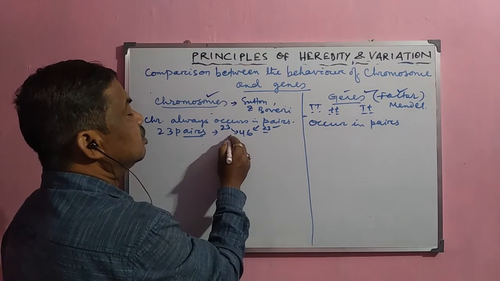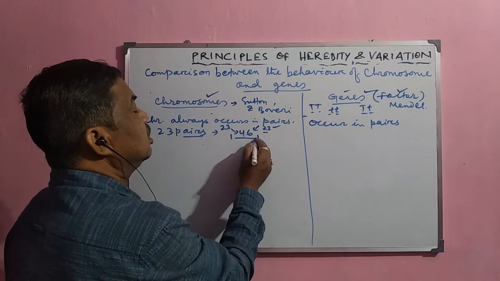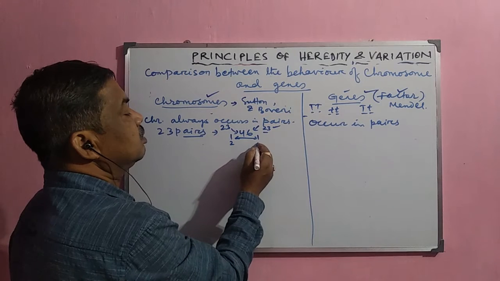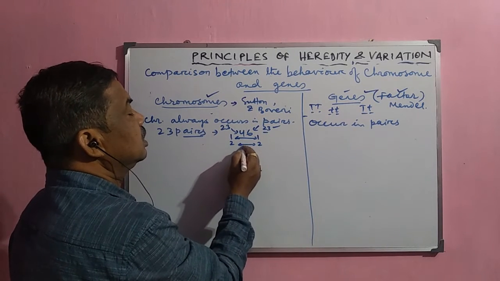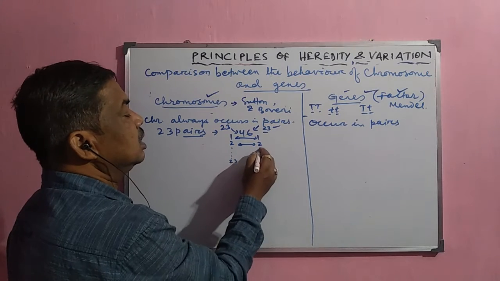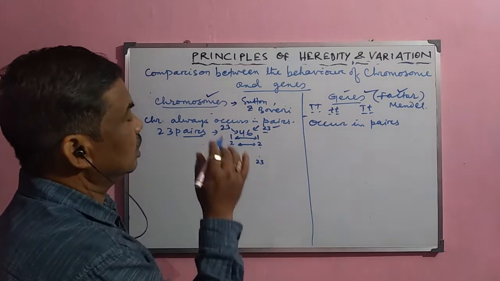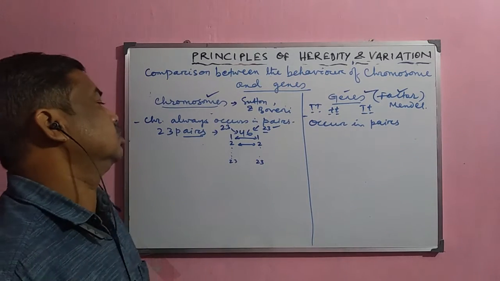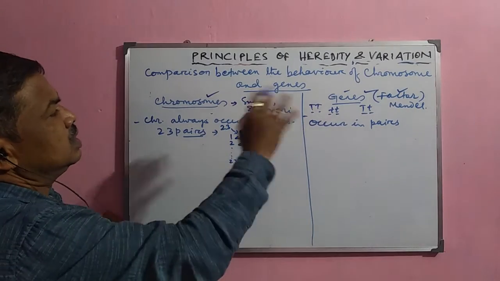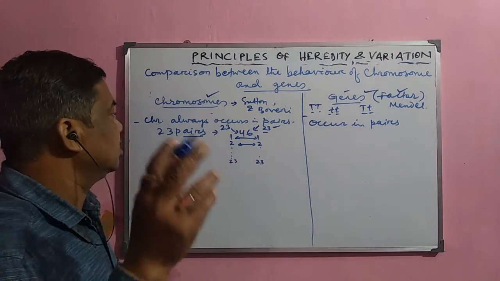So chromosome number 1 of father and chromosome number 1 of mother is one pair. Chromosome number 2 of father and chromosome number 2 of mother is another pair. Like that, there are up to 23 and up to 23. Except XY, all are homologous chromosomes, and that is why they also occur in pairs. So there is a very good similarity between the chromosomes and the genes.